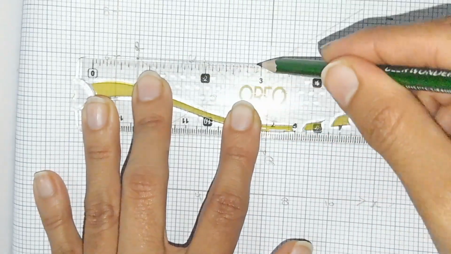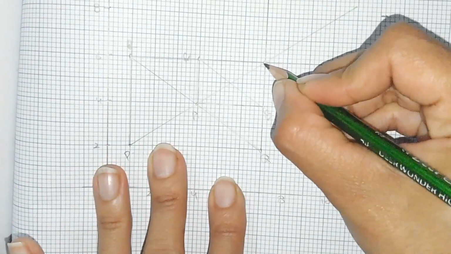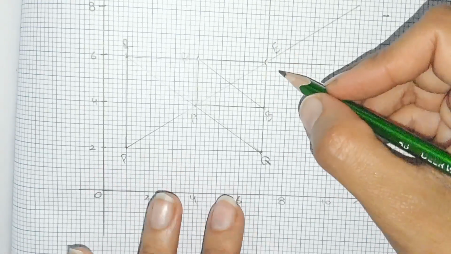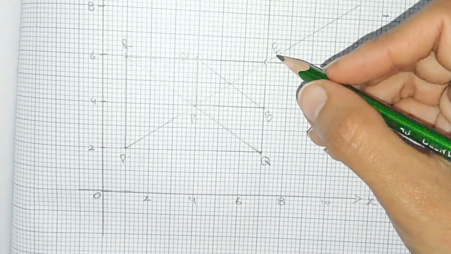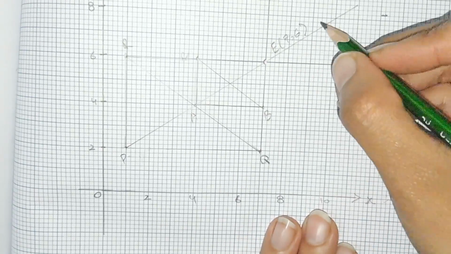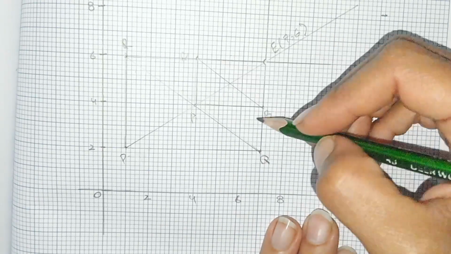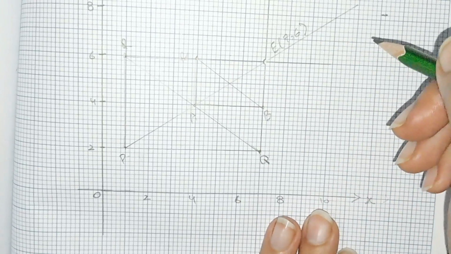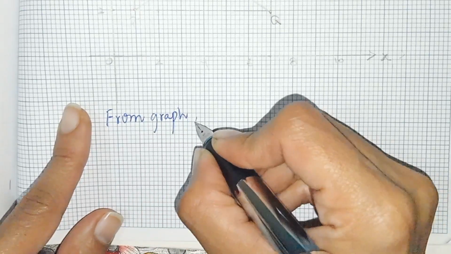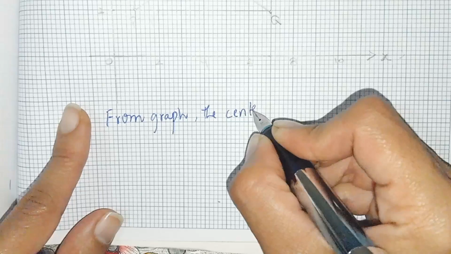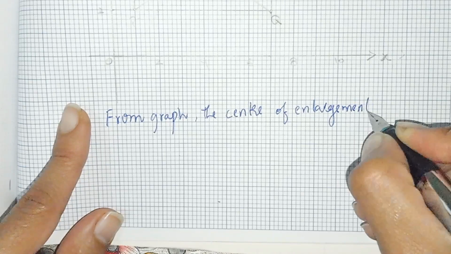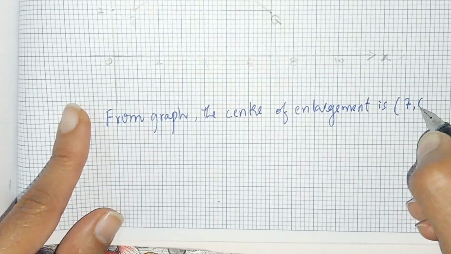Now students, this is the point, and the center of enlargement is (7, 6).